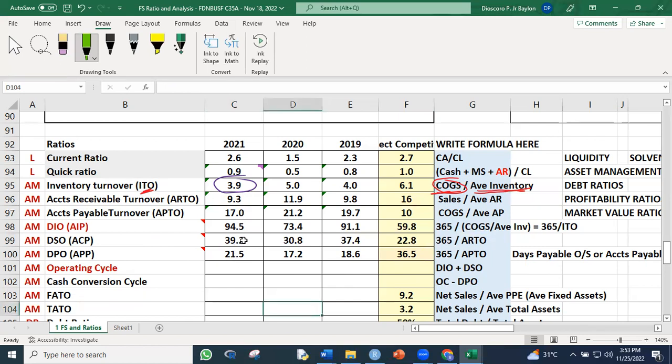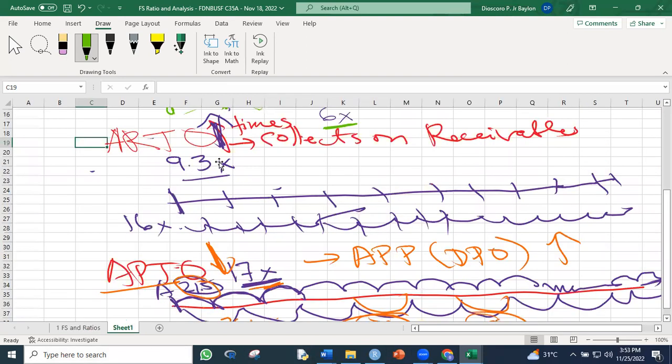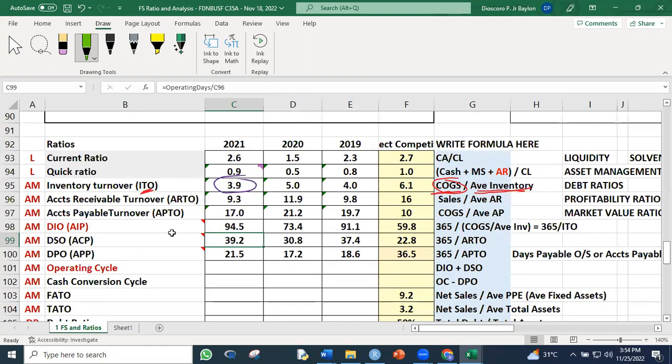Okay, clear. Thank you. Okay, so take a look at this, class. Day sales outstanding. 39 yung company natin, 22 yung competitor natin. So tingnan natin day sales outstanding natin. Di ba tayo, ang Arto natin 9.3 times? So if we convert this into days sales outstanding, it's taking us how long? 39 days.